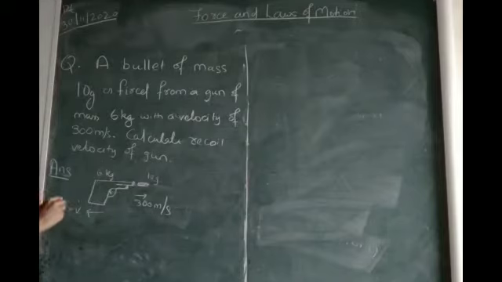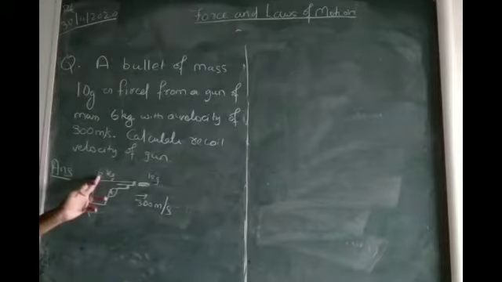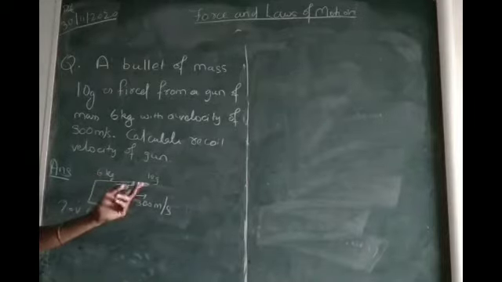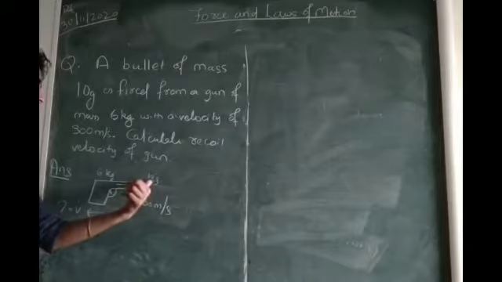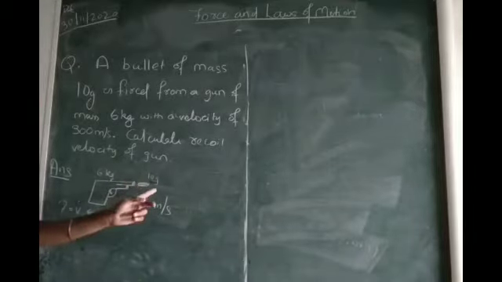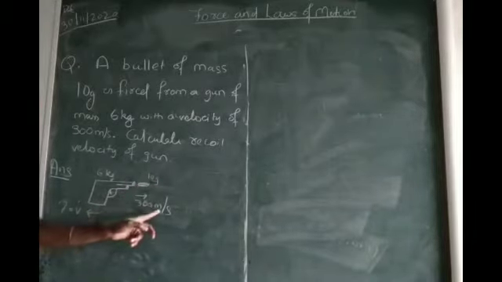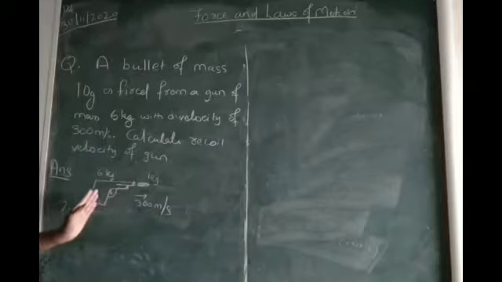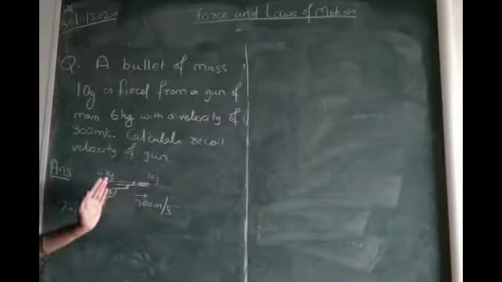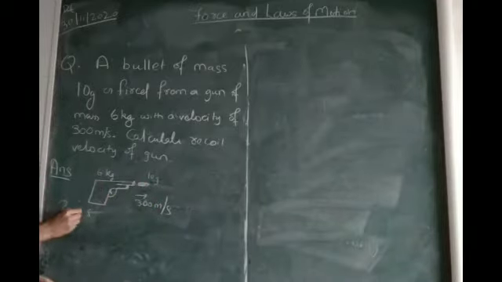If I draw this in a diagram, let's say this is our gun which has mass 6 kilogram, and it is fired, and the bullet has mass 10 gram and is traveling with a speed of 300 meter per second. Once the bullet is fired, there will be a recoil velocity of the gun. So what will be that recoil velocity that we have to calculate?